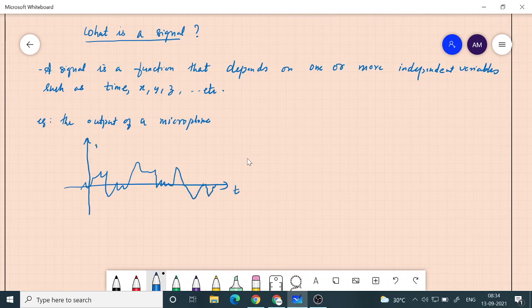Okay. So this is the variation of voltage with respect to time. So here V of t is the voltage.